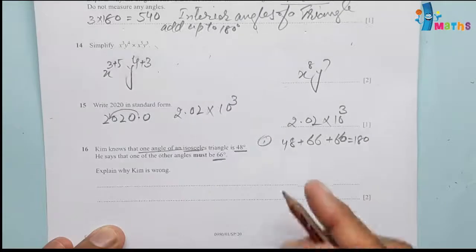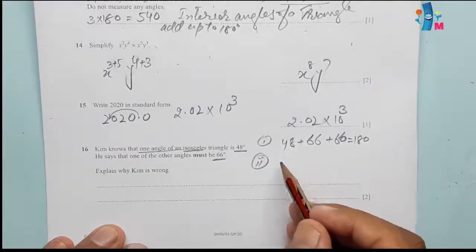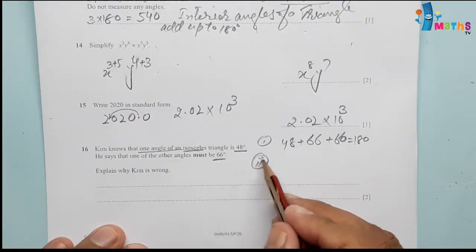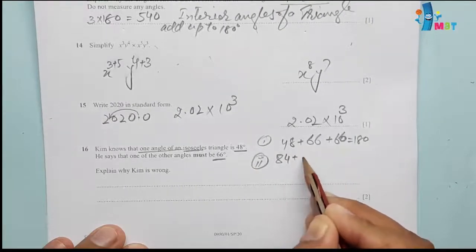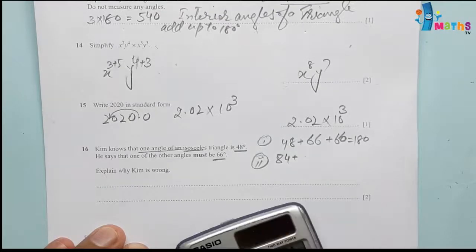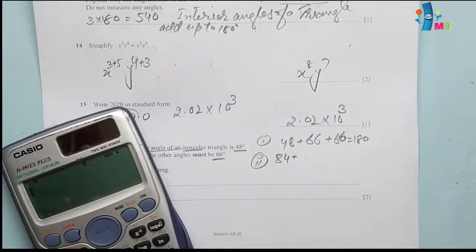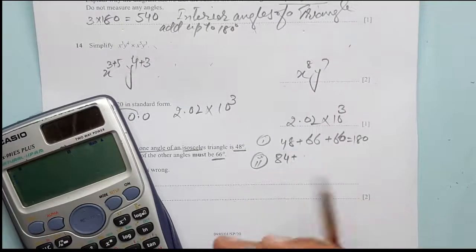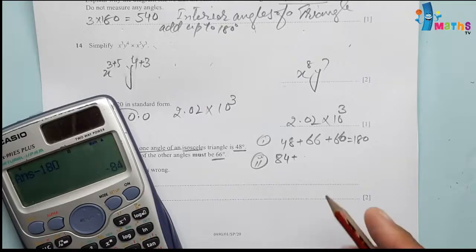This can be an option. There can be another, second option, that it can be another angle, for example 84. Instead of this one, it can be 48 plus 48. 48 plus 48 will be 96, and 180 minus 96 means the other angle can be 84.